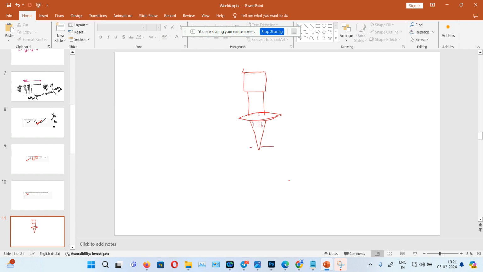And at this focal spot, there will be a confocal pinhole kept to pass through, and there will be another objective kept here, and it will pass through the specimen.